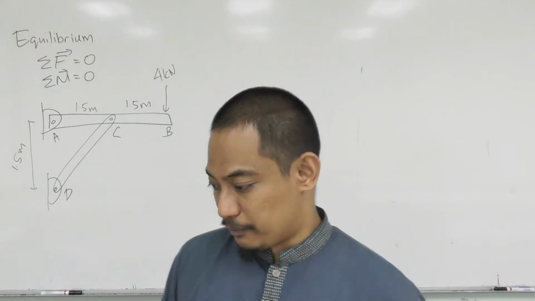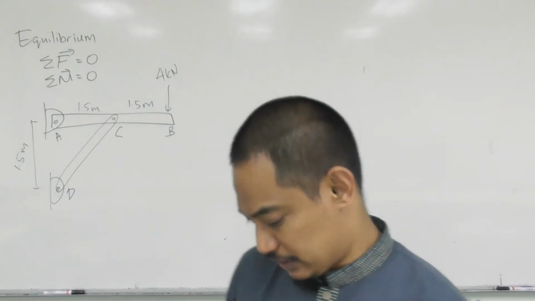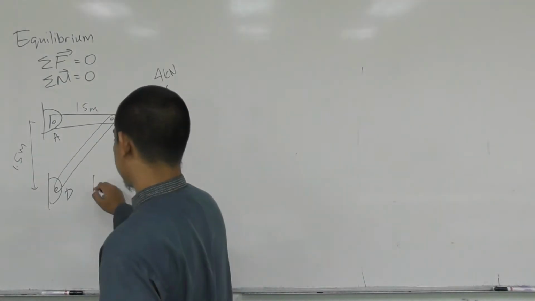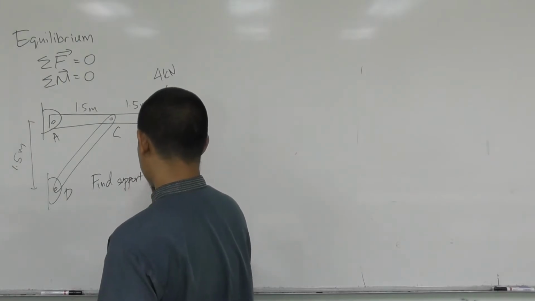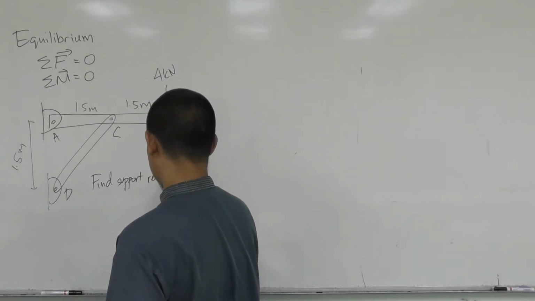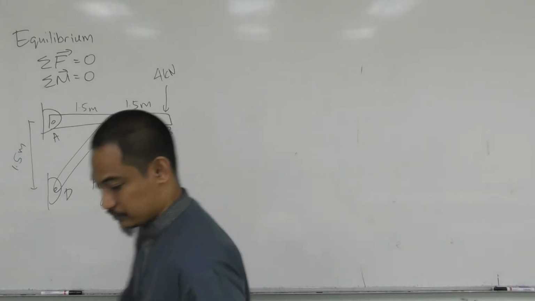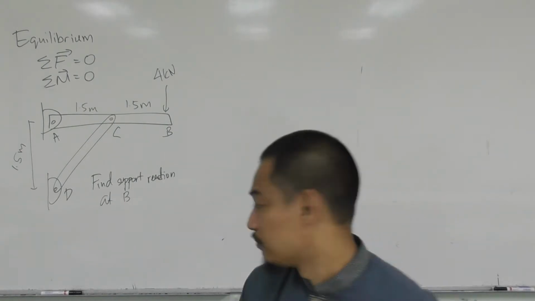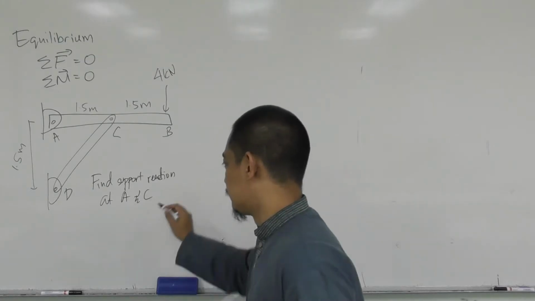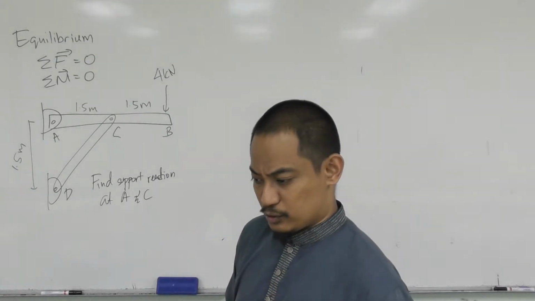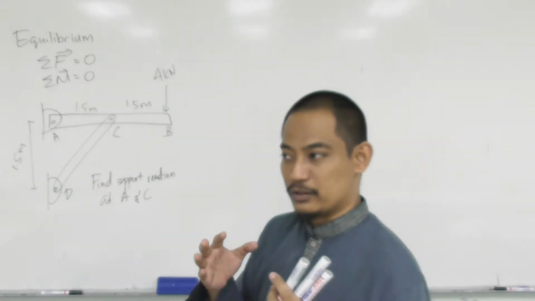Find the support reactions at A and C. If I write the question in full: find the support reaction at A and C. Before you answer the question, you should already know what the question wants in the end.